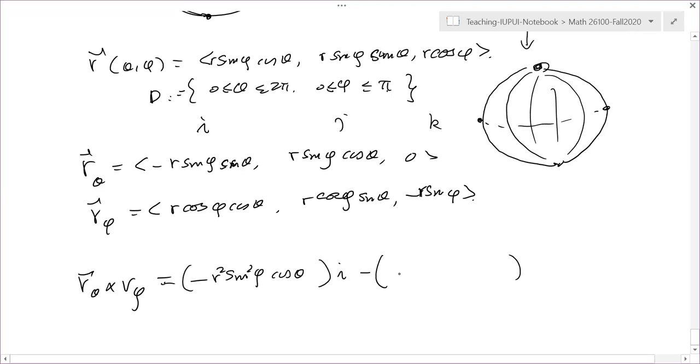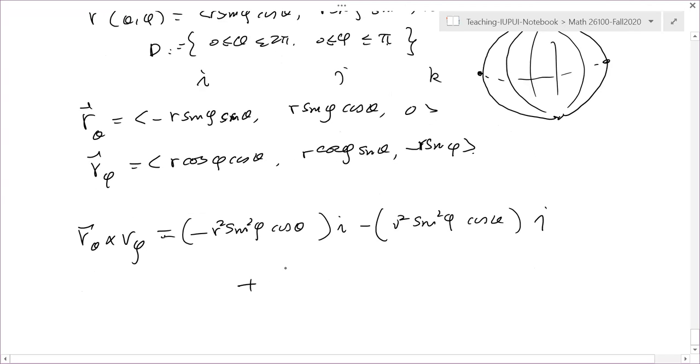Yeah, this is a cross product, so r squared. And the last one is going to be negative r squared sine phi cosine phi sine squared theta minus r squared sine phi cosine phi cosine squared theta.